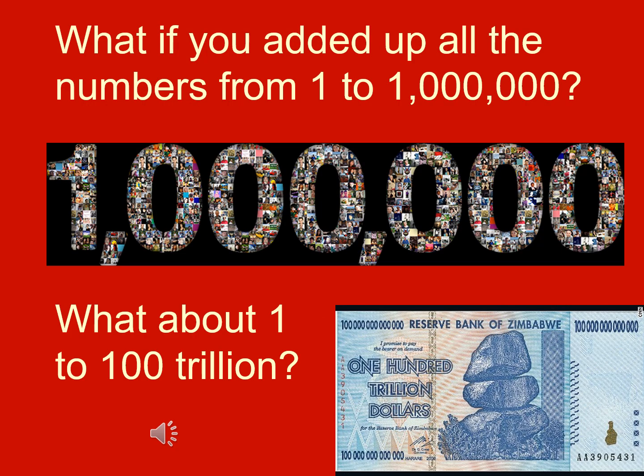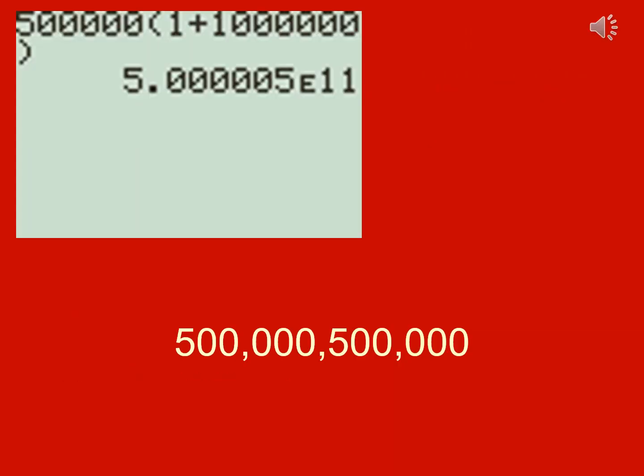And the next two questions were basically the same thing, but with different numbers. What if you added up all the numbers from 1 to 1,000,000? And how about 1 to 100 trillion? Well, you're going to do basically the same thing, but you have different numbers of things we're adding up. So the idea is still the same. Here I did 1,000,000 divided by 2 times 1 plus 1,000,000.